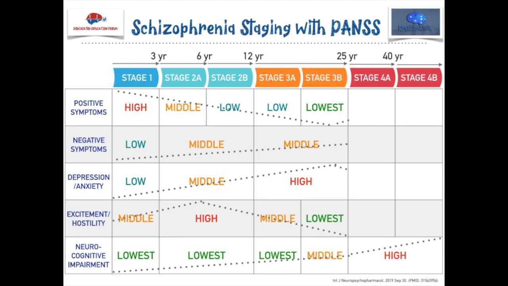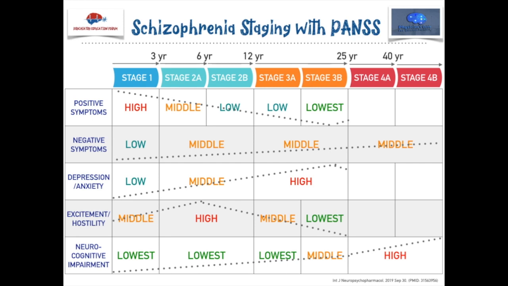After neurocognitive deficit, the second symptom that is increasing here is negative symptoms. Make a note that in 4A, compared to neurocognitive impairment, negative symptoms are not that high. Neurocognitive impairment has a marked increase, while negative symptoms have a less robust increase, but they are increasing now.